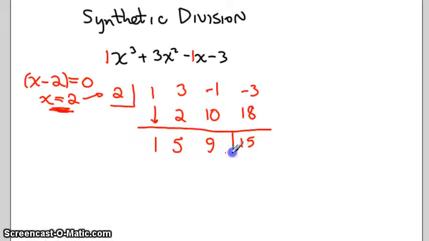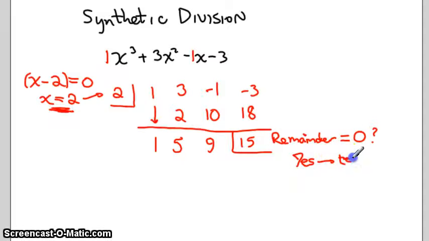What we're really looking for is this number. This is our remainder. Okay? And we're looking for whether the remainder is equal to 0. If the remainder is equal to 0, then the tested number is a 0 of the polynomial.